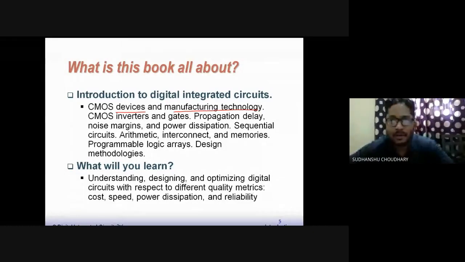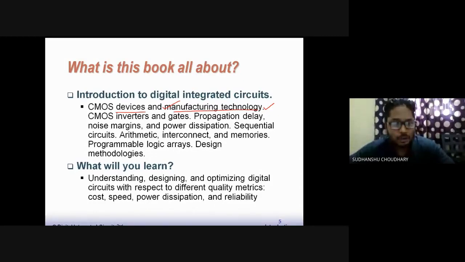So that is very important, and that manufacturing technology, that is process technology, covers how you are going to fabricate that circuit. There are many steps in fabricating an IC. More than 300 steps are there, and I think more than 100 masks you have to prepare for fabricating an IC.